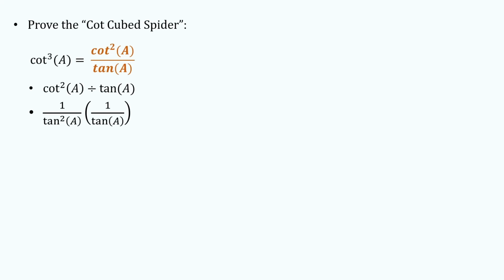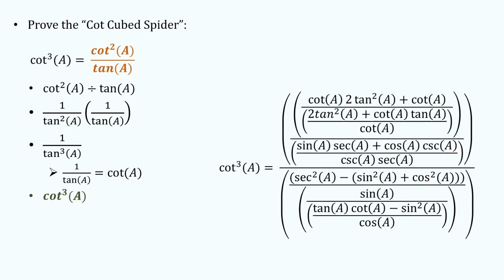Now we have 1 over the square of tan of A multiplied by the reciprocal of the tan of A, which is 1 over tan of A, which results in 1 over the cube of tan of A. Now remember that 1 over tan, whichever degree has been placed on it, is always equal to cotangent. Therefore, we can simplify 1 over the cube of tan of A into the cube of cotangent of A. Therefore, we have effectively proven that the cube of the cotangent of A is really equal to the following expression.